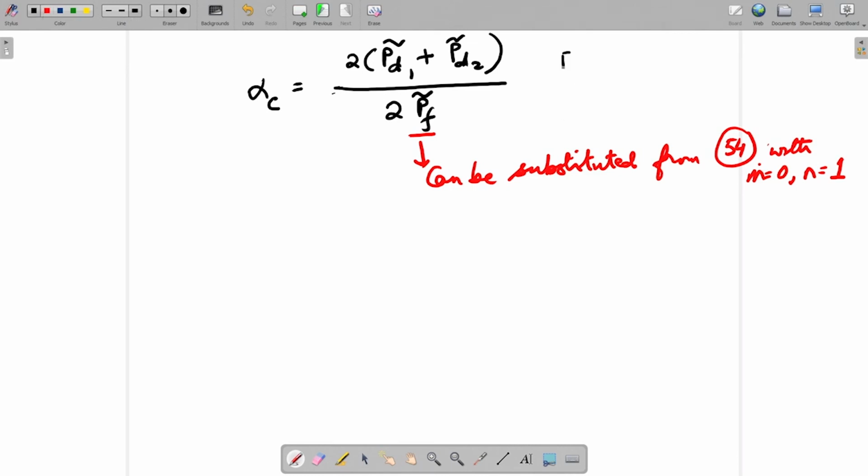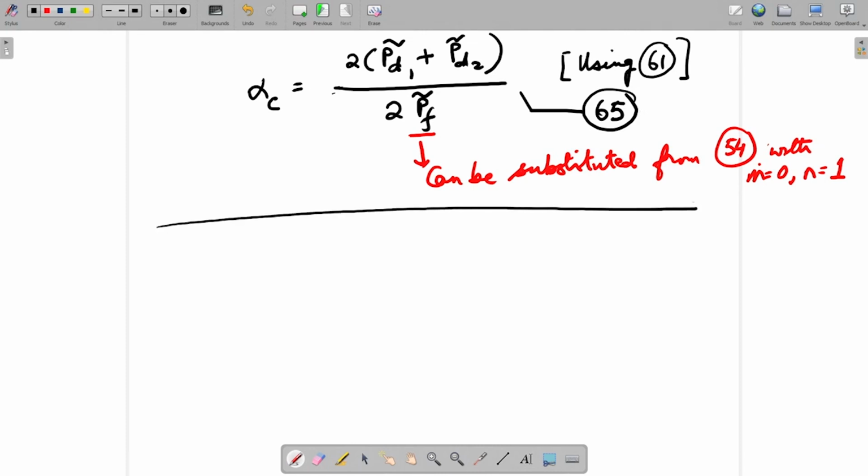So, this is using 61, you can call this expression 65. So, this expression evaluates the attenuation constant due to the power dissipation at the 4 walls of the rectangular waveguide.